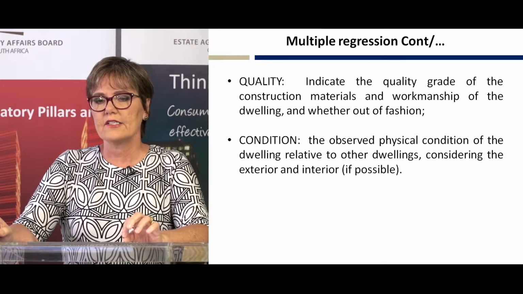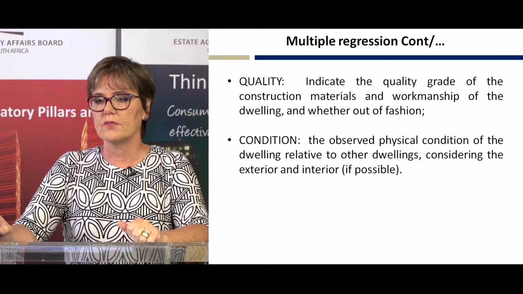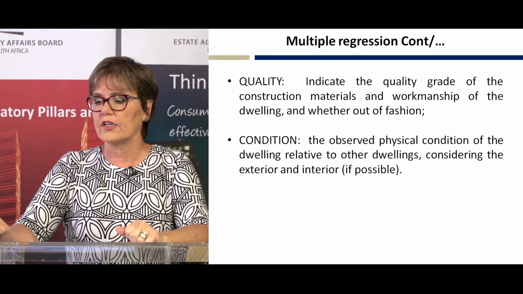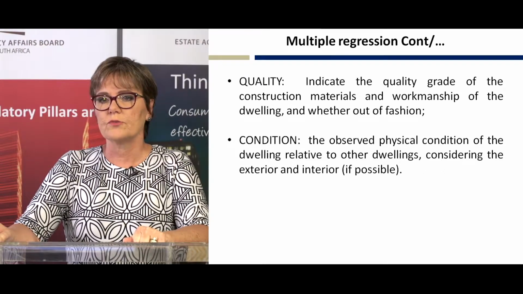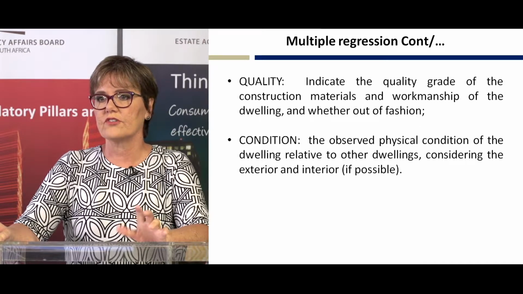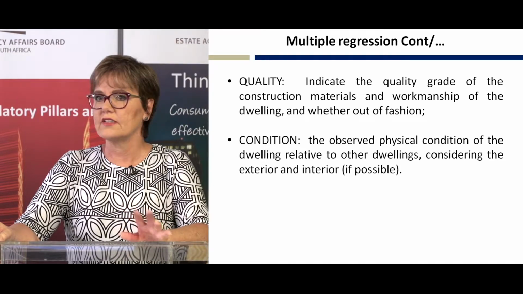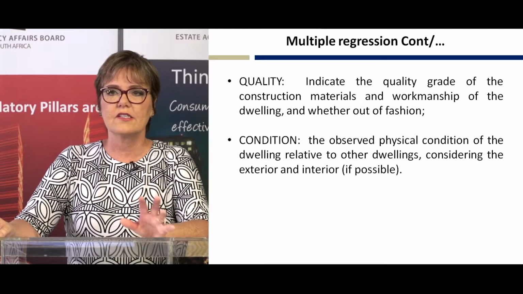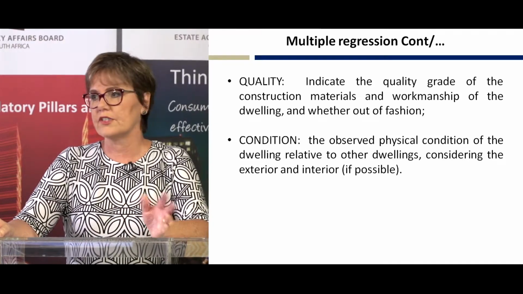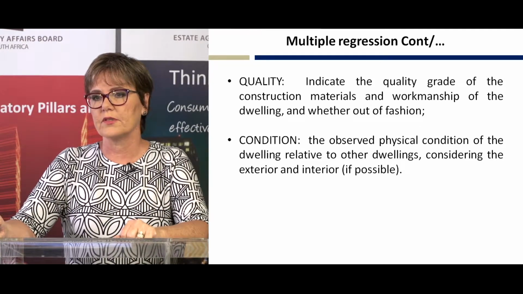As I said, PropStats only includes the condition of the building in their material, and we as property valuers would very much like to see quality, that is the quality grade of the construction materials as well as the workmanship. Sometimes, even though you might have quality tiles on the floor, you can see that it was a DIY job, which detracts from the quality of that building.